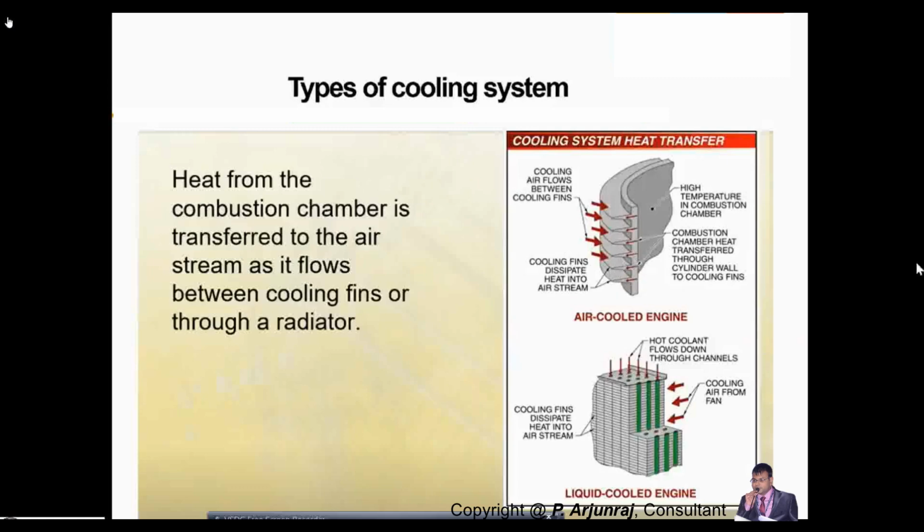And most commonly used in the case of four-cylinder, four-wheeler engines is the liquid cooled system, where quite common is the radiator along with the cooling system. Here you use a radiator, which also acts as a heat exchanger, similar to the cooling fins you have here.